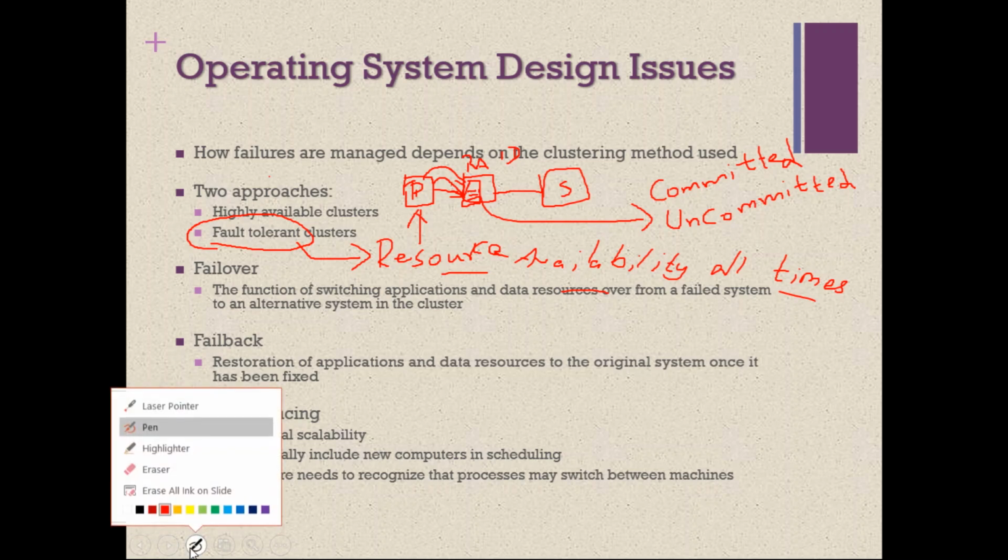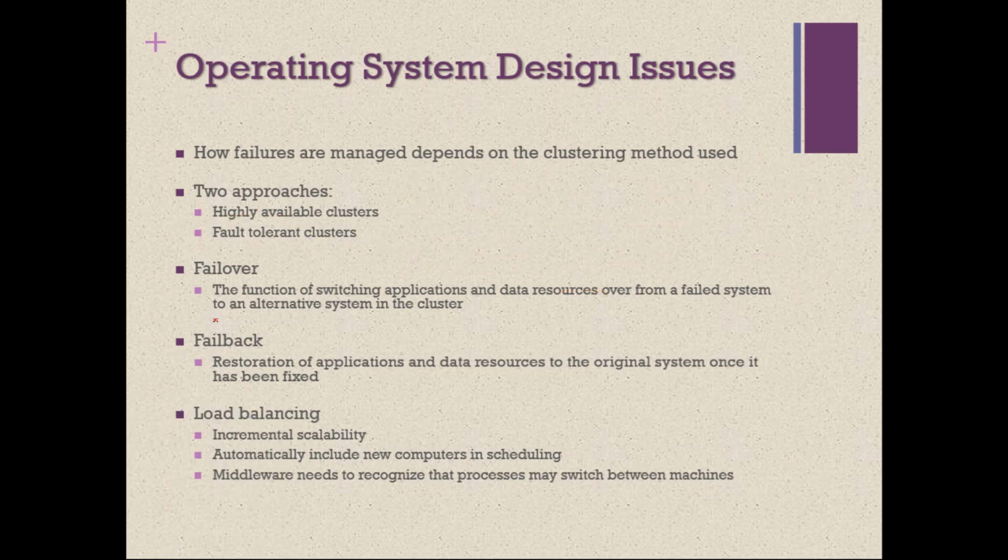Again, this resource availability can be thought of in two styles. One is called failover, the other is called failback. Failover means the function of switching applications and data resources from the failed system to an alternative system. So if the primary server fails, then the secondary server will take over.